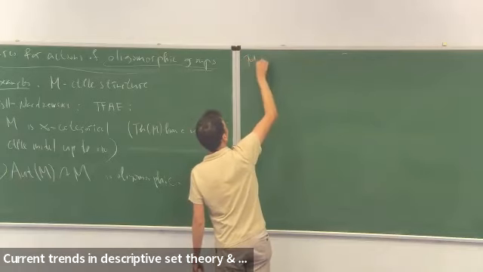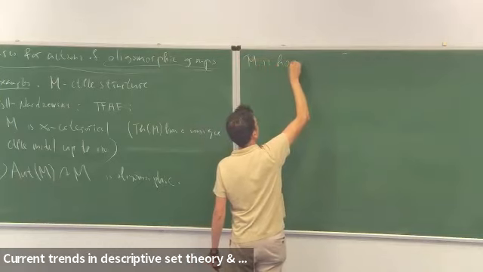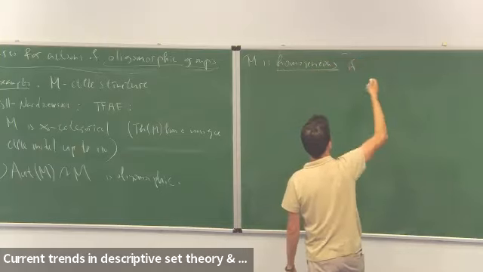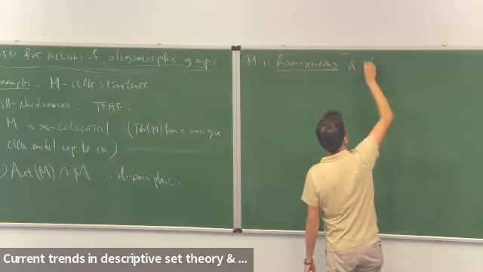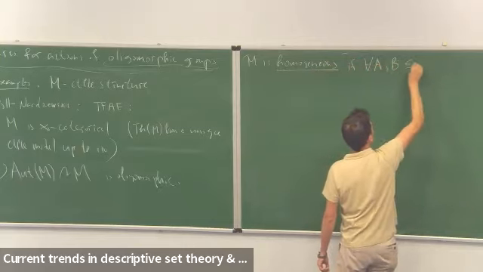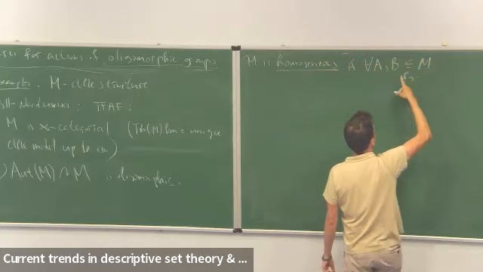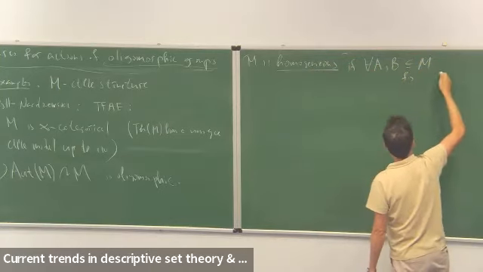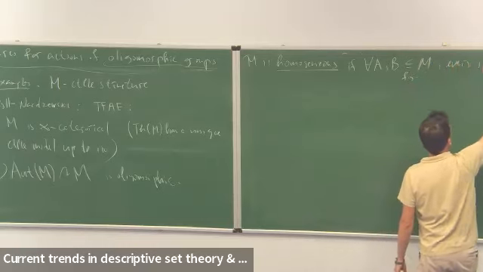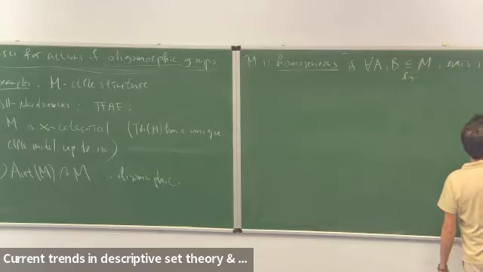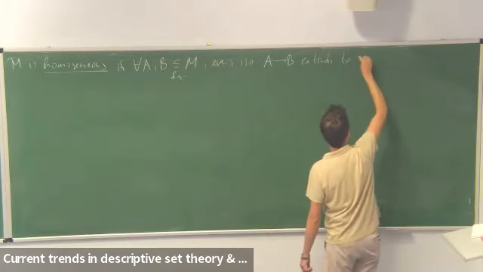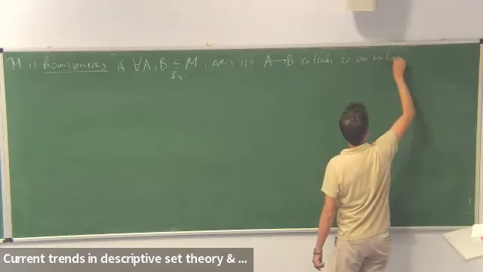M is homogeneous if for every two finitely generated substructures A and B of M, every isomorphism from A to B extends to an automorphism of M.